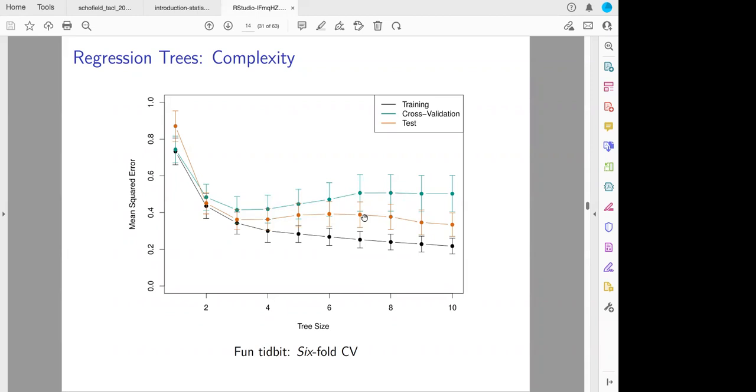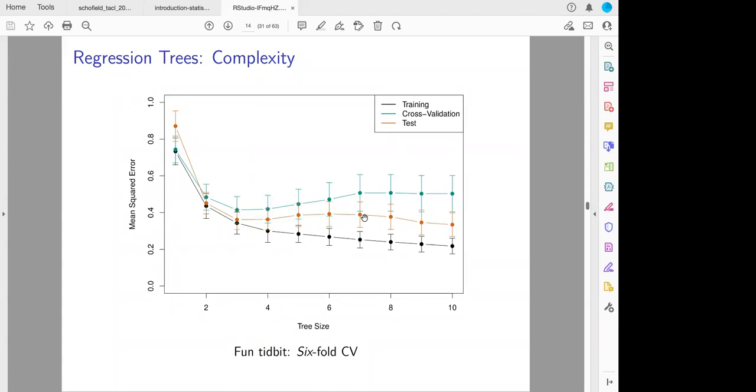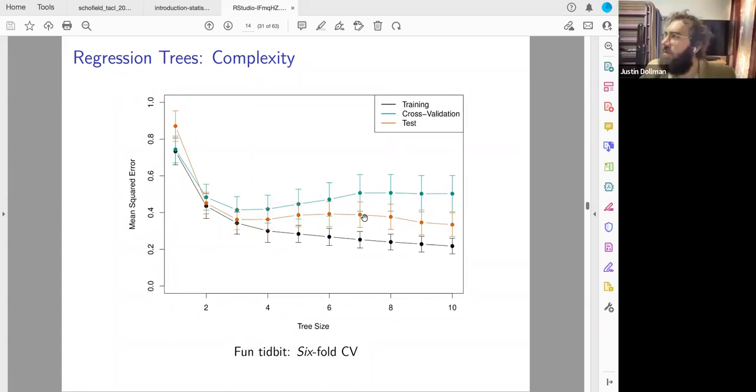I guess it might be relevant. Is it the same kind of partitioning? Just half the data set? I don't know if they did half and half. I honestly don't know.